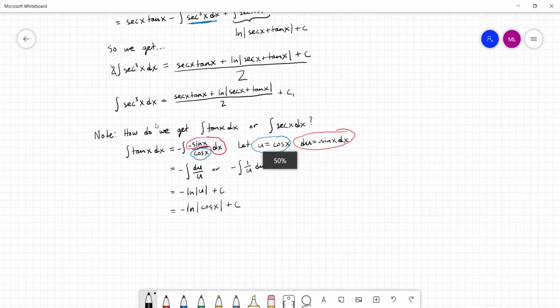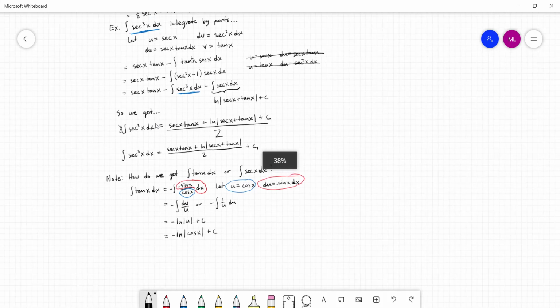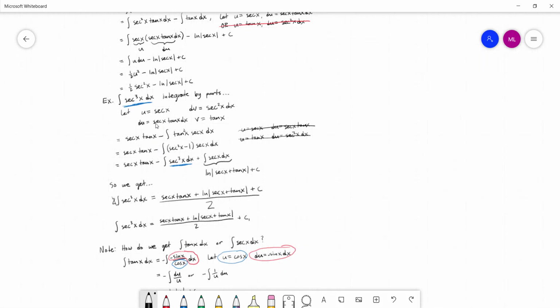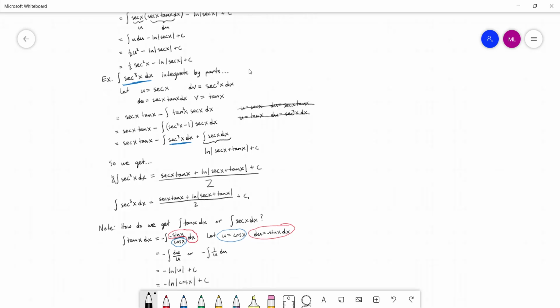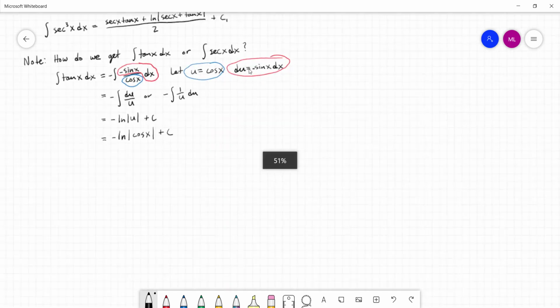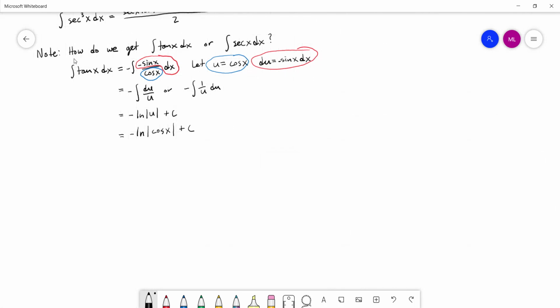This looks a little bit different than what I wrote up here, right? Here we said it was the natural log of secant of x, but notice the sign is different in this case. I said the integral of tangent is natural log of secant of x, right? The sign stayed the same from here to here, whereas down here, the sign has flipped. How do we deal with this sign flip?